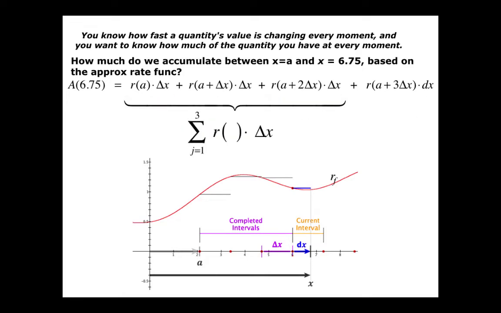I'd like to be able to express those 3, which are fairly similar terms. The only one part that differs between them is what's the input to the rate function, what's the x value, or the independent variable value that we use as the input to this rate function. In one term it's a, and then it's a plus delta x and a plus 2 delta x.